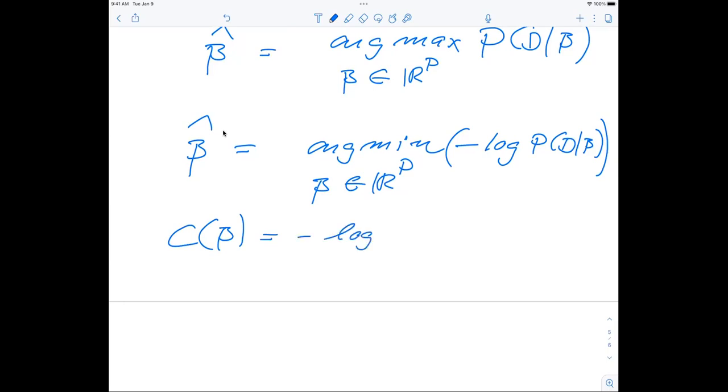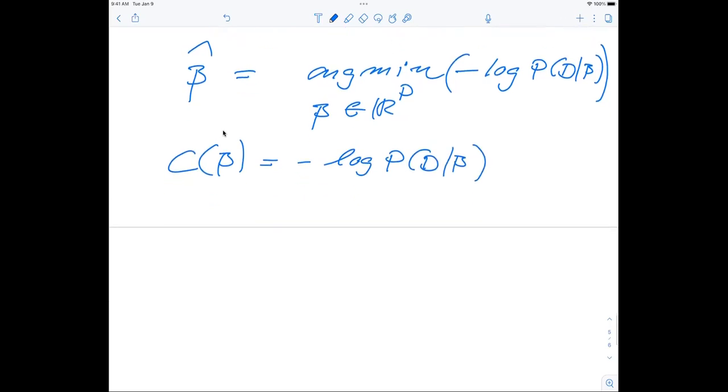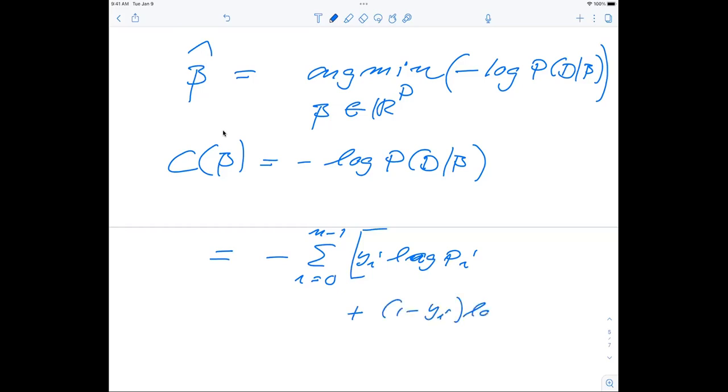So we could now take the log of p of d given beta, and in our case this is simply equal to minus the sum over all the data which we have, of y_i times log of p_i, plus 1 minus y_i times log of 1 minus p_i.